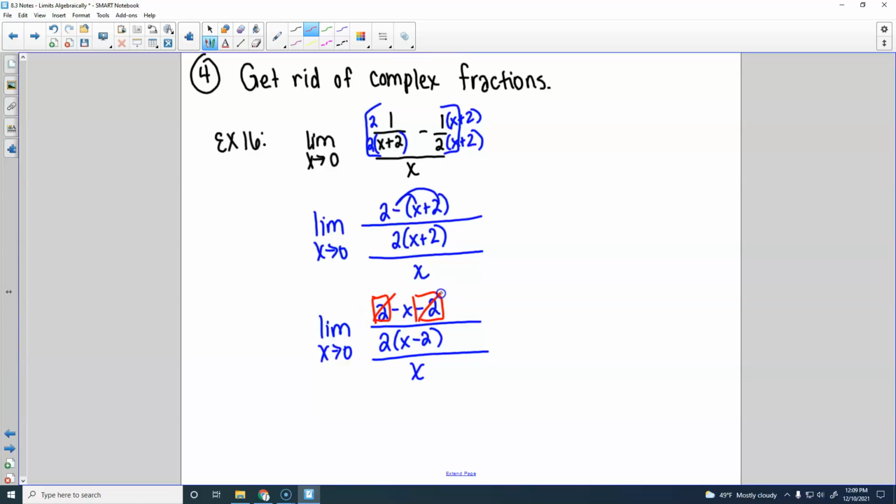They cancel. So that's leaving us with the limit as x approaches 0 of negative x over 2 times x plus 2, over x. I'm going to put this x over 1 now. And what do I do with those fractions? Flip and multiply.